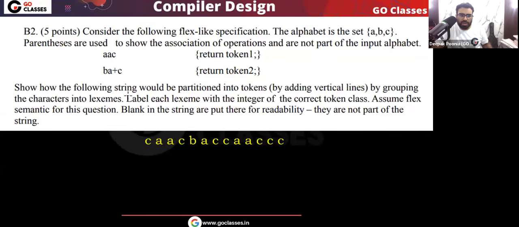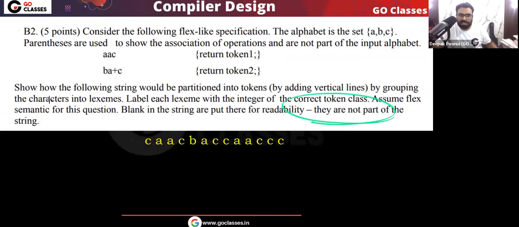Show how the string would be partitioned into tokens by grouping the characters into lexemes. First, you group the characters into lexemes, and for every lexeme, a token will be generated. Label each lexeme with the integer of the correct token class. You can see these are the token classes, token 1, token 2. Next, the blanks in the string are put just for readability. Here all the blanks that are there are just for readability.